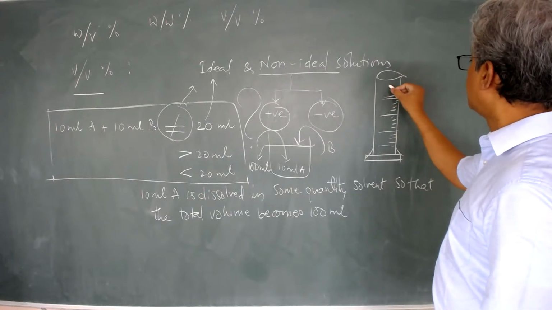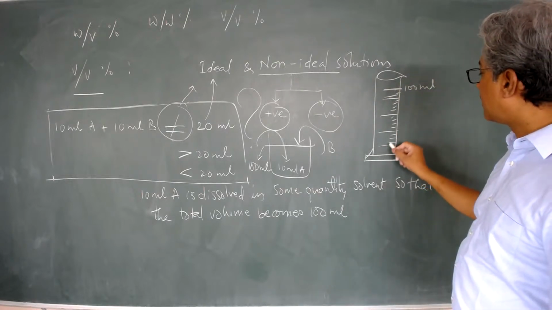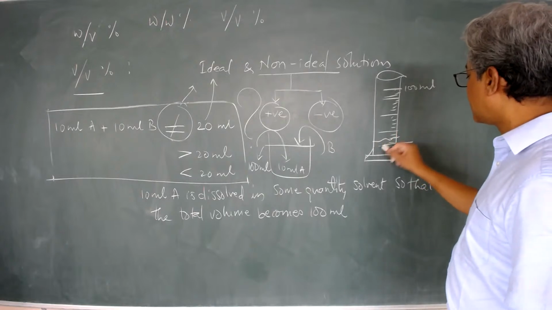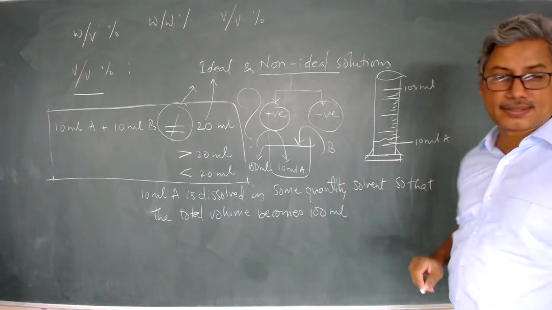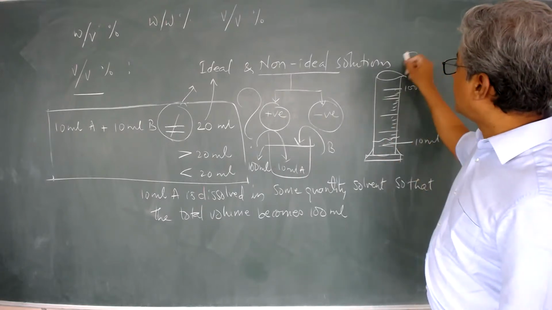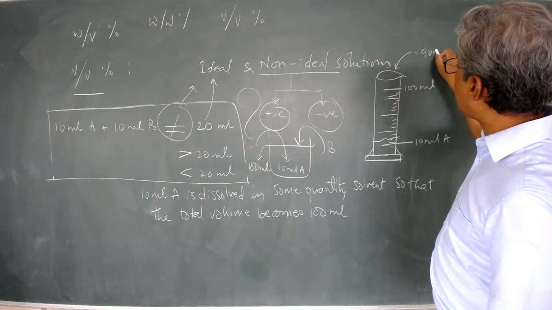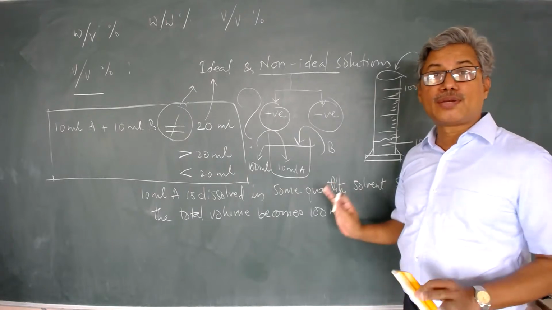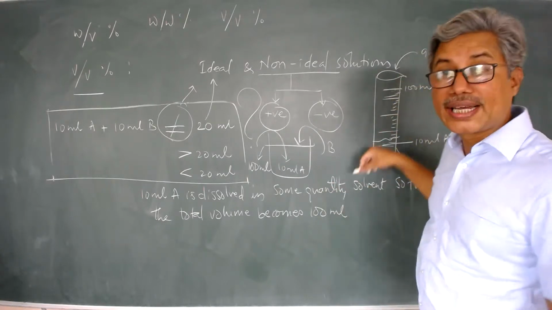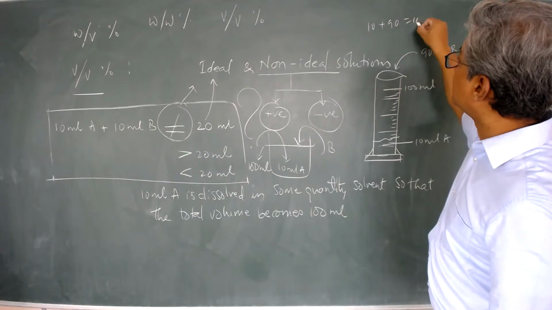Suppose this is 100 ml, and into this you have taken 10 ml of A. Then, see students, suppose you add 90 ml of solvent B, then the total volume will not be 100 if it is a non-ideal solution, and if it is ideal, 10 plus 90 will be 100.